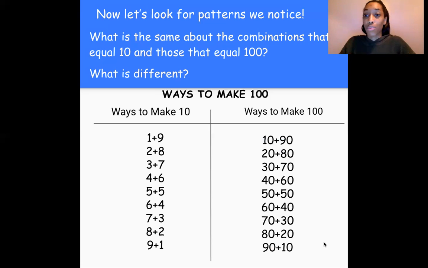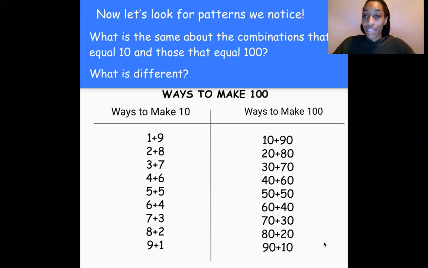Or if I need to subtract, and let's say it's 100 take away 10, I would take away 1 ten. That gives me 10, 20, 30, 40, 50, 60, 70, 80, 90. So I can use these tens as a way to help me figure out those big numbers that I need to add or subtract, if I'm trying to find 100 or add something close to 100 or subtract something close to 100.